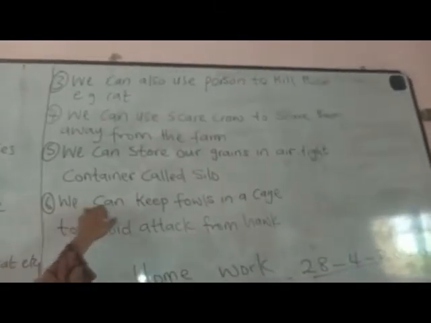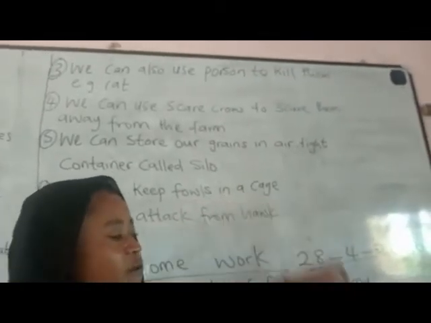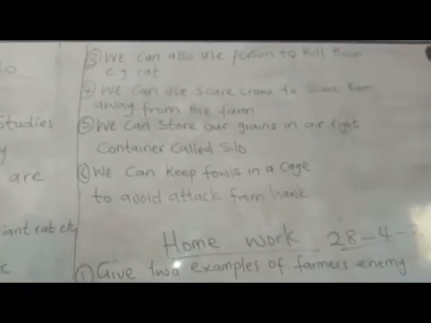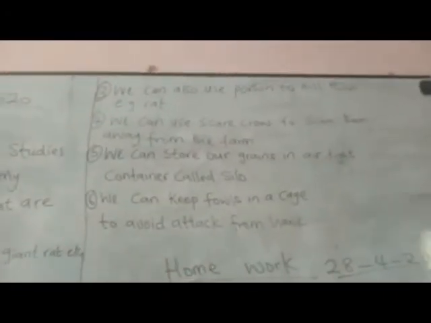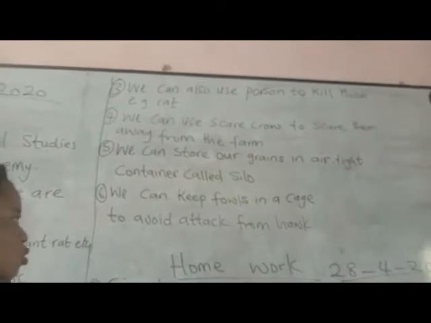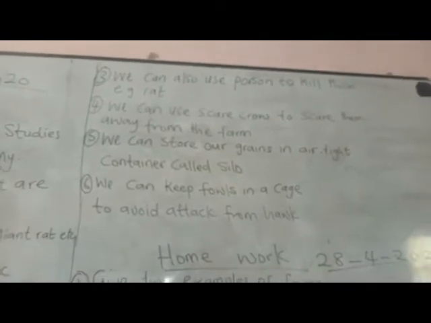Then we can keep fowls in a cage. If you have been to poultries, you will see cages where they keep chickens. If you keep them there, these birds that normally steal them will not have access to them. Are we together?